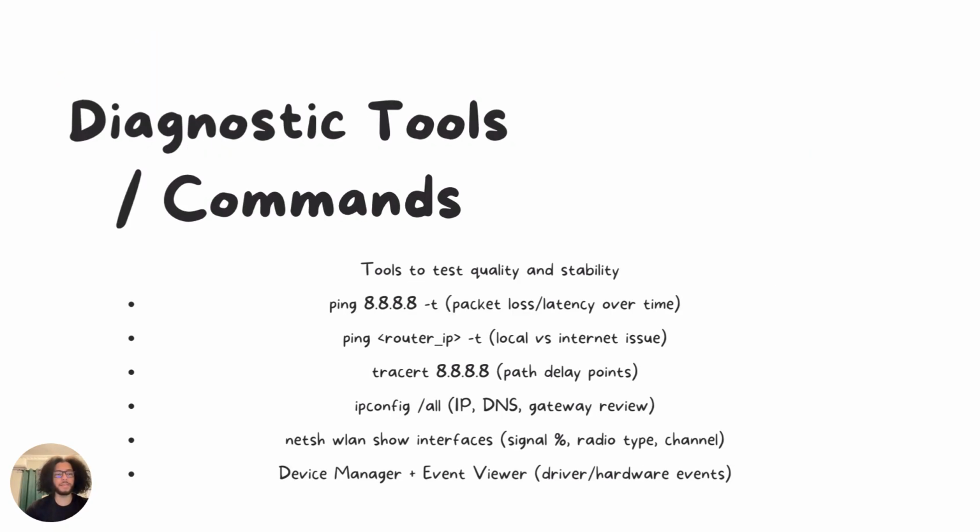The fifth slide is diagnostic tools and commands. To diagnose correctly, I will use command line and system tools. I will run ping to the router and to 8.8.8.8 to compare local connection with internet connection.